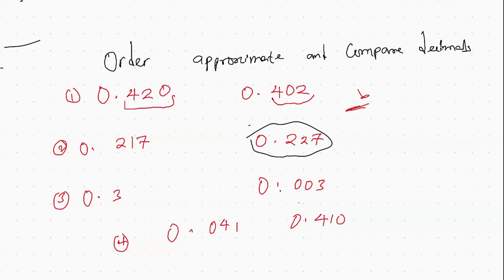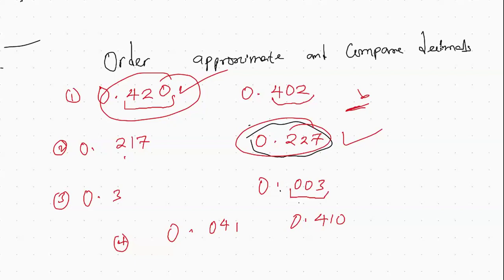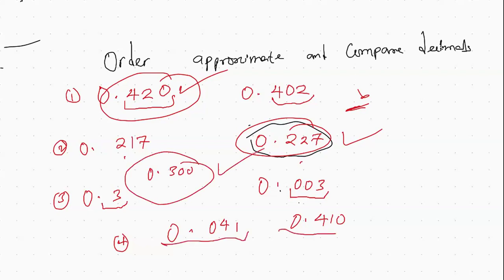This one is 3 decimals and this one is just 1 decimal, so it becomes 0.300 and this becomes 0.003. Compare 300 and 3 together. This one is bigger. These other two are both in 3 decimals, so it's like comparing 41 with 410. This one is bigger. That's it. We'll go through everything.